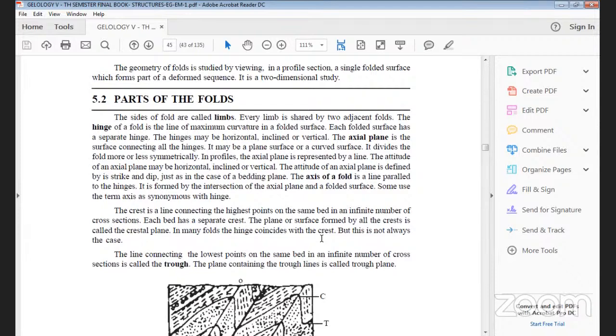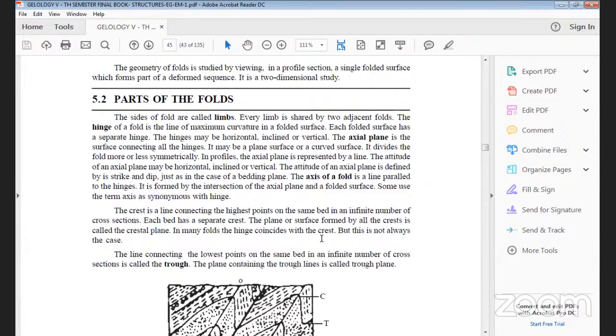The crest is a line connecting the highest points of the same bed, and it has an infinite number of sections, and each bed has a separate crest. The plane or surface formed by all the crests is called the crestal plane. That is the crestal plane we see on the top side.